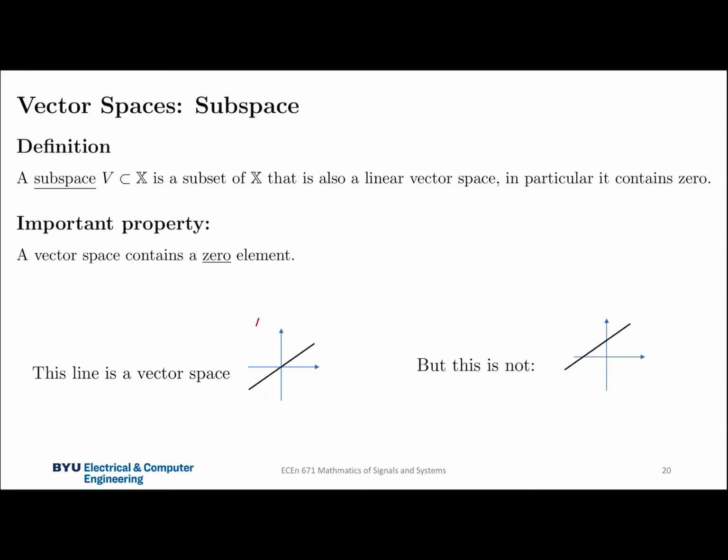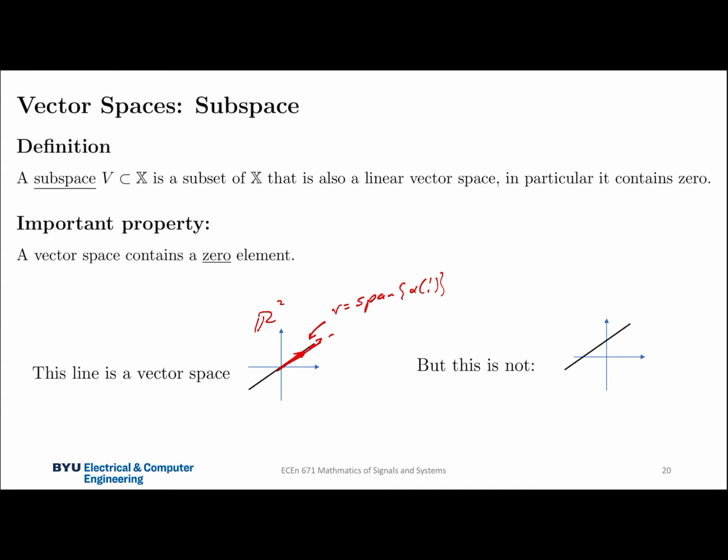So in other words, here we have R2, and then V is equal to the span of alpha times (1, 1). Then this is a vector space, because anything here, if we scale it, it's going to still be in that space.